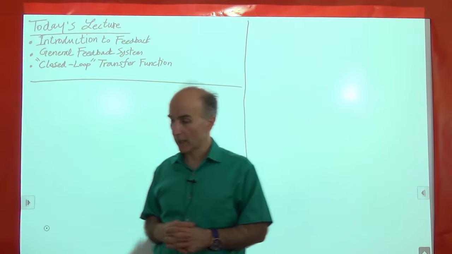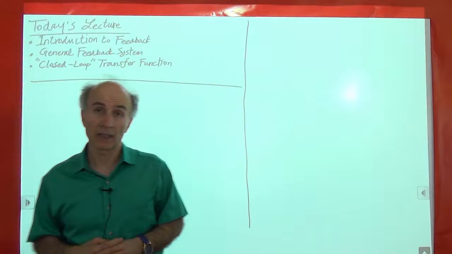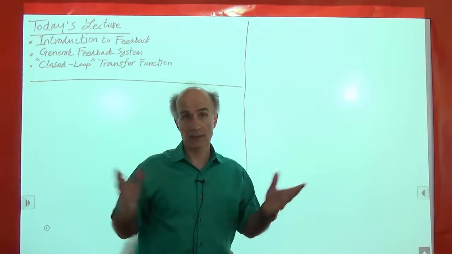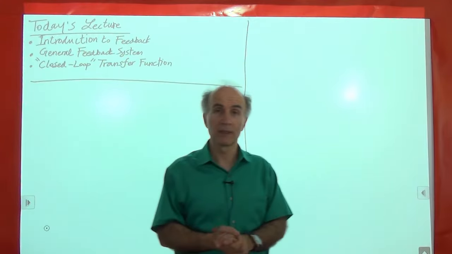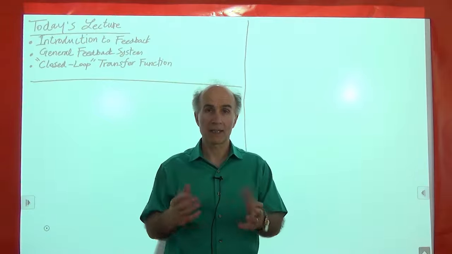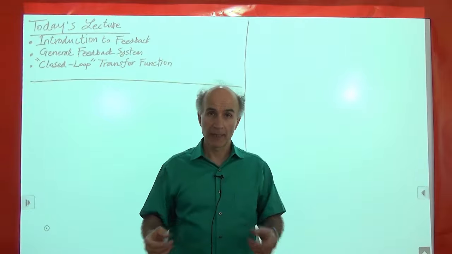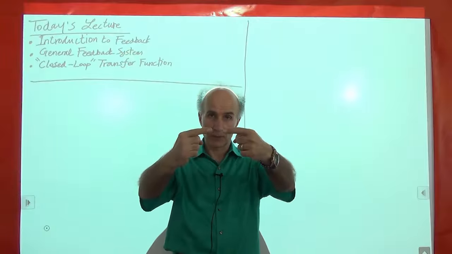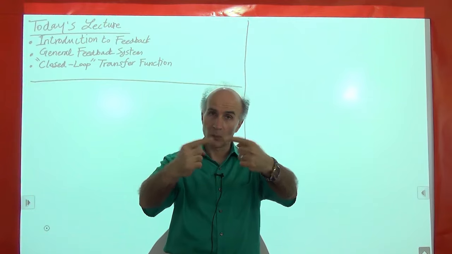Well, feedback has been around for as long as humans have been around. Actually, as long as dinosaurs have been around. Well, they're not around, but just as an example, close your eyes and try to touch your fingertips. Okay, so if I look away and I try to touch, I can't. Why?